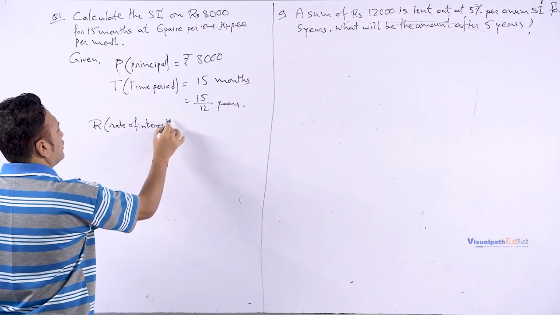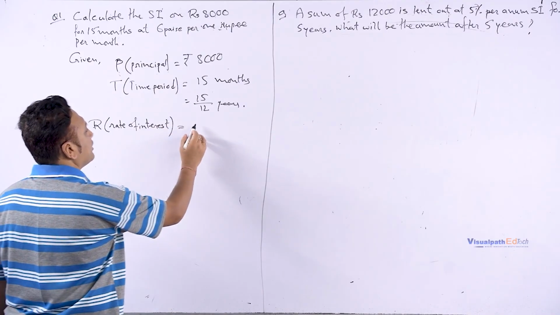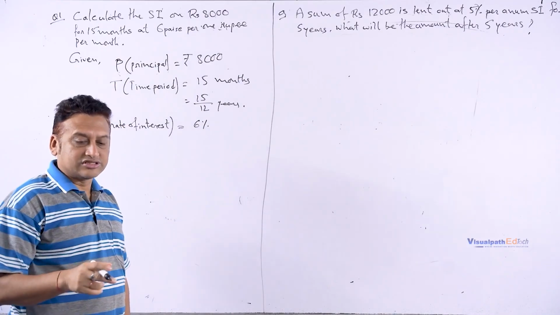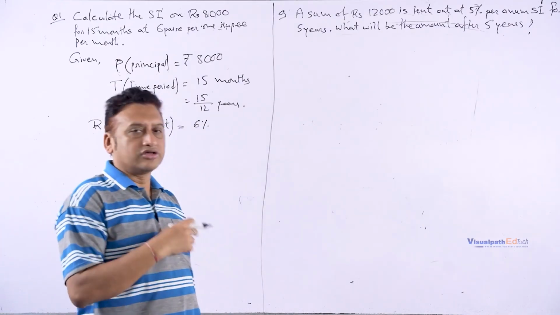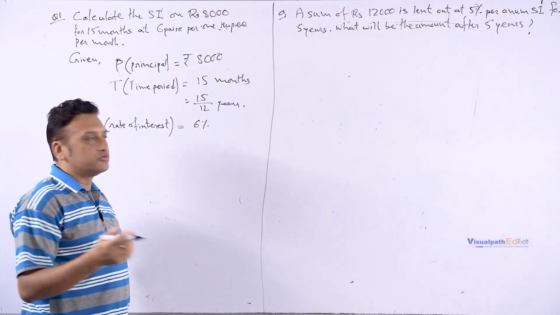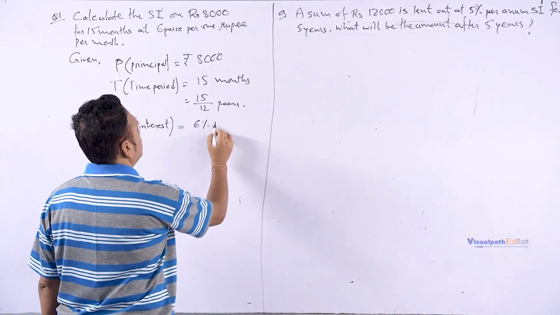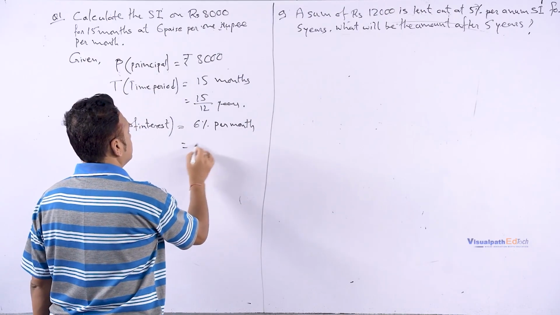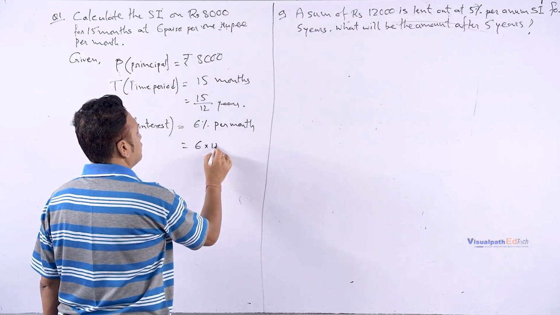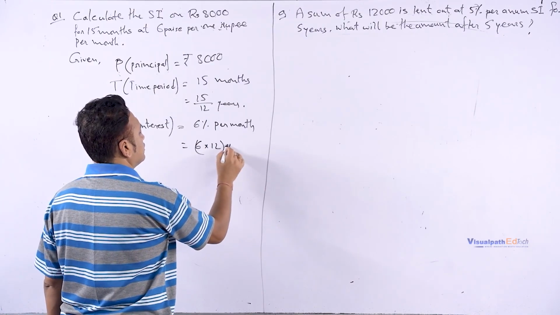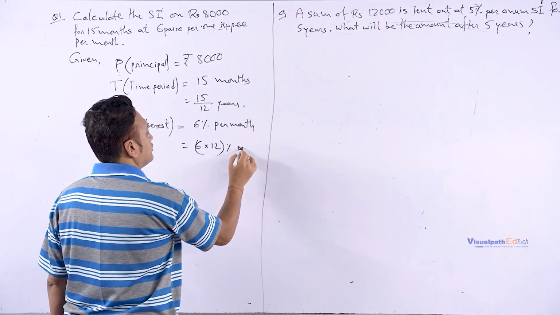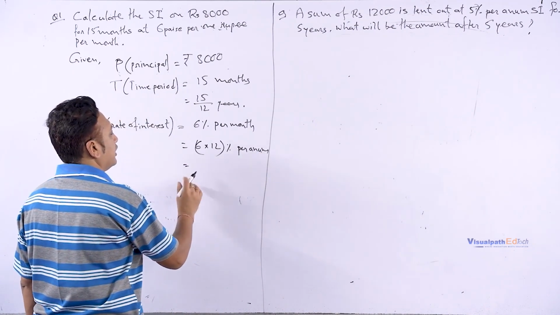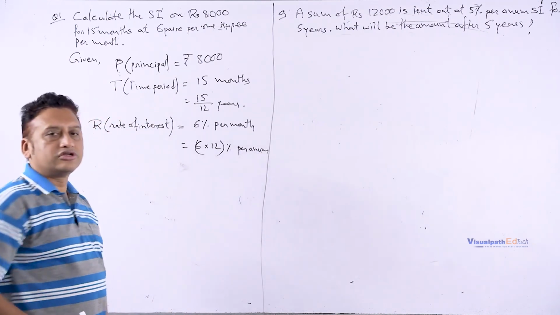That is 6%. Why percent? Because 6 paisa out of 100 paisa, because it is given 6 paisa per 1 rupee. So, 6% per month, which can be written as 6 into 12% per annum. Annum is yearly. Okay, we can keep it there. There is no need of multiplying.